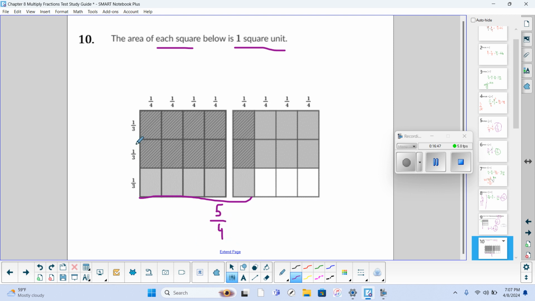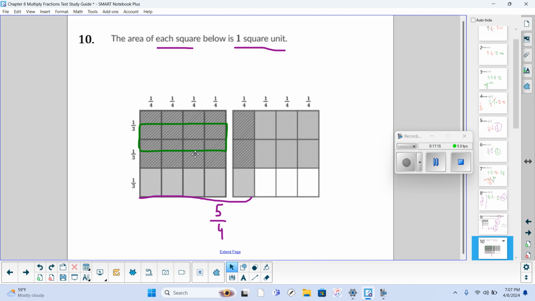This way, I'm going to shade this in green now. Oops. This will be much easier with a stylus. This right here would be one third of a square, another third of a square, another third of a square.